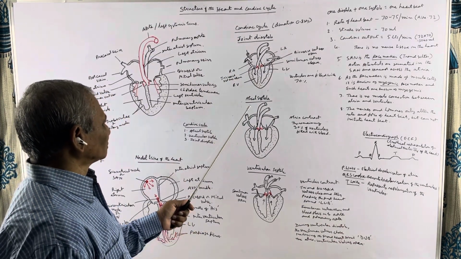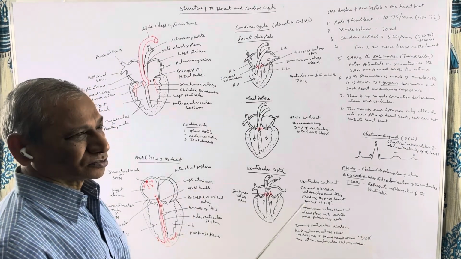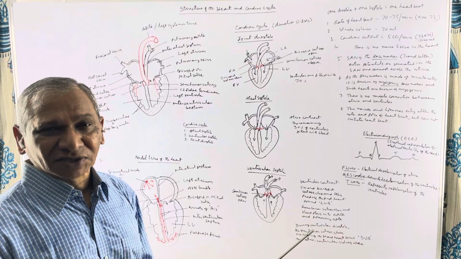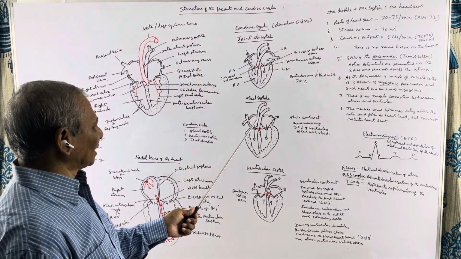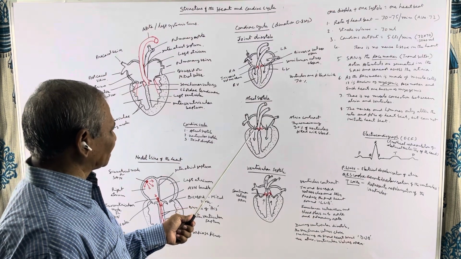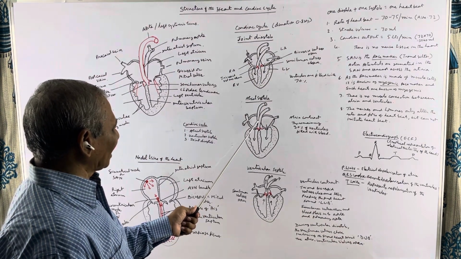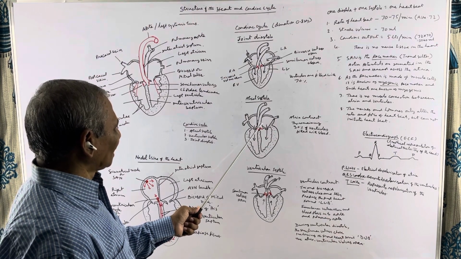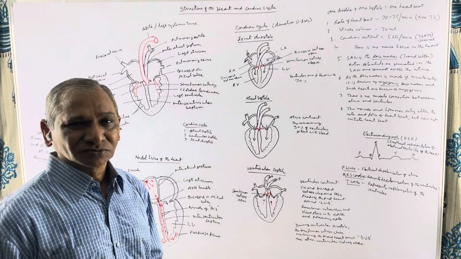Then atrial systole begins. Now the atria contract. When the atria contract, what happens? The blood present in the atria is pumped into the ventricles. Now the size of the atria becomes smaller, and now the ventricles are completely filled with blood.